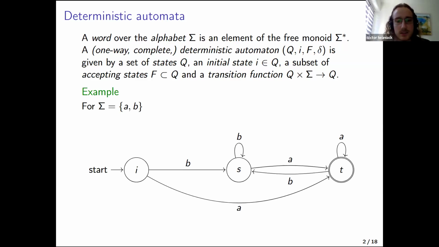And you can take this little automaton I drew as an example. So you have a unique initial state. You have a unique terminal state, but you could have many or no terminal, accepting states. And then, as you can see, you can go from I to T by reading A, for instance.